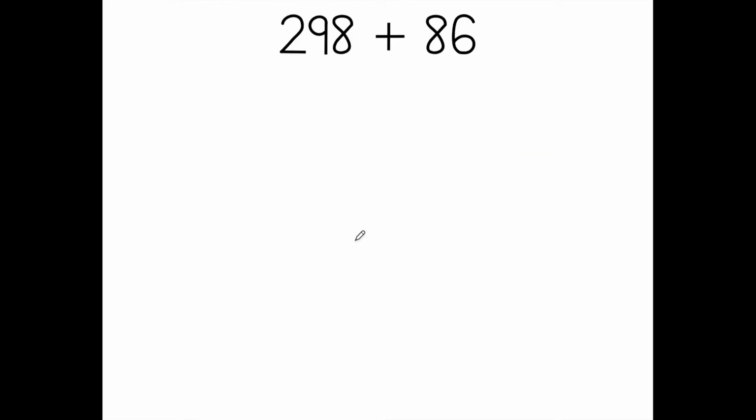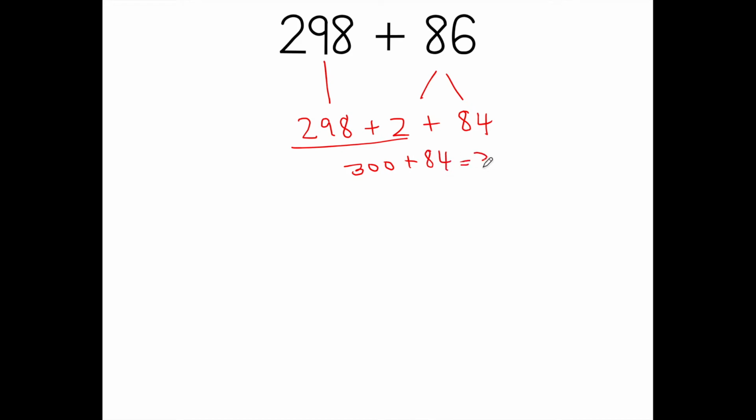So what we want to do is take what they already know and use it for bigger numbers. If I know that 86 can be composed of a 2 and 84, well, I can put that 2 with 298, make 300, and now I add the 84, and I've got it.